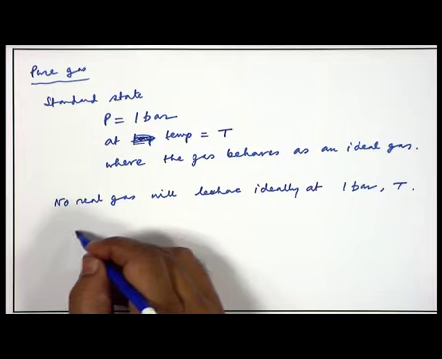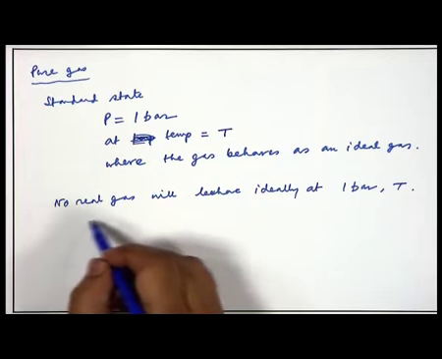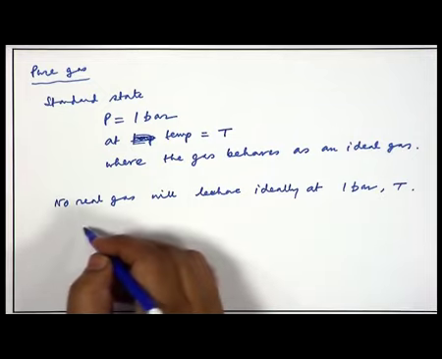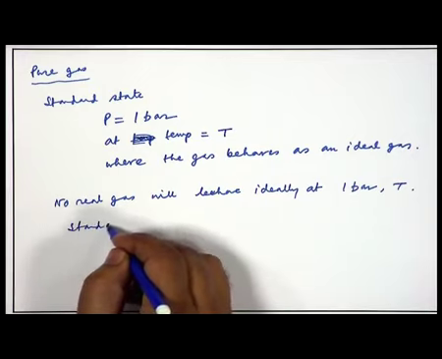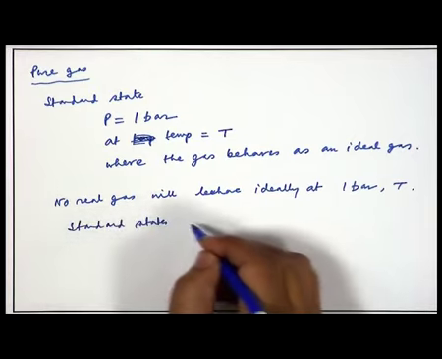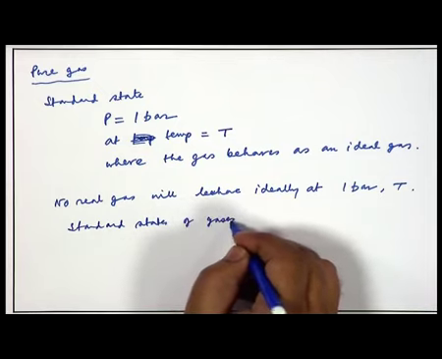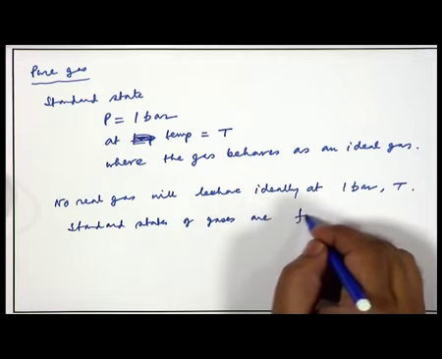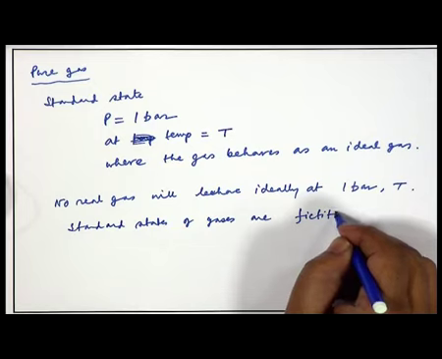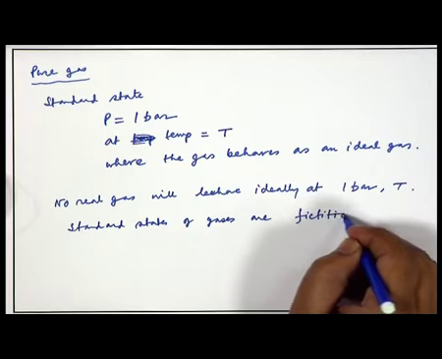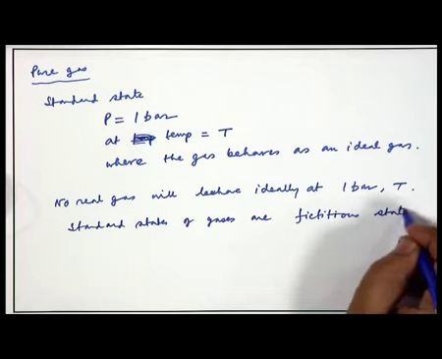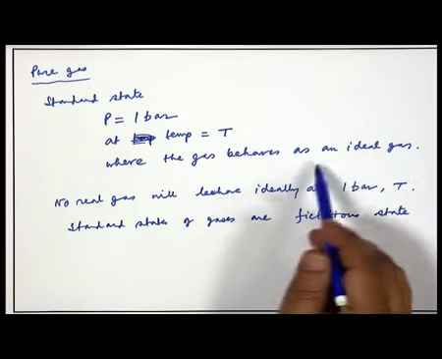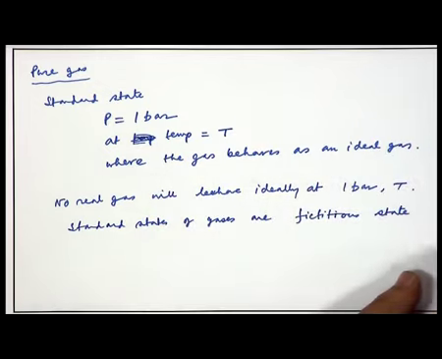So, since no real gas will behave ideally at 1 bar pressure, we can write that standard states of gases, pure gases, are fictitious states, which is not a real state, because really we cannot get a condition where the gas behaves as an ideal gas at 1 bar pressure.